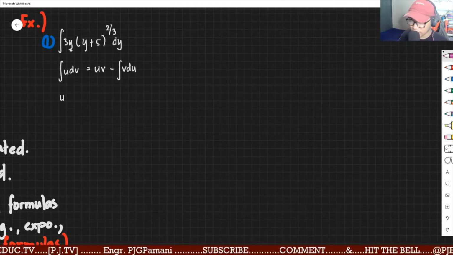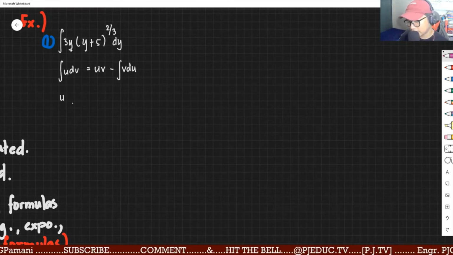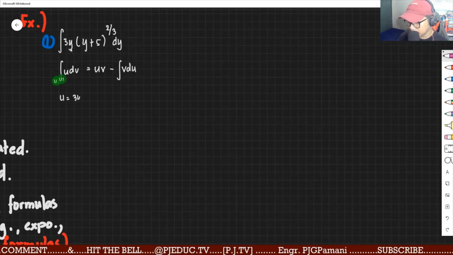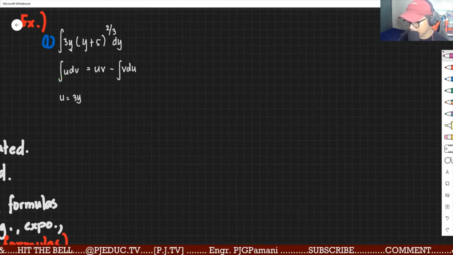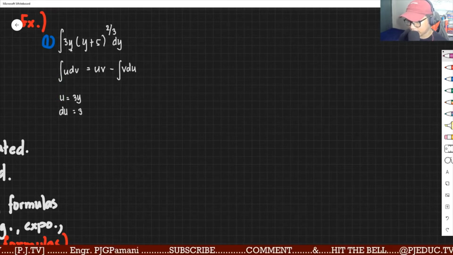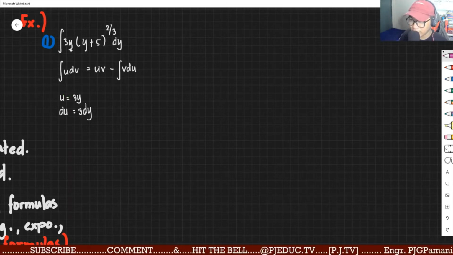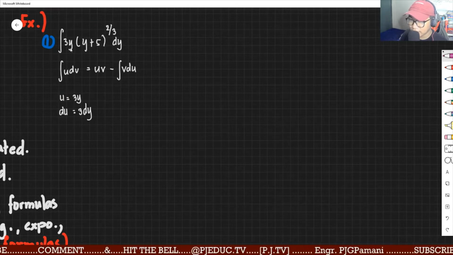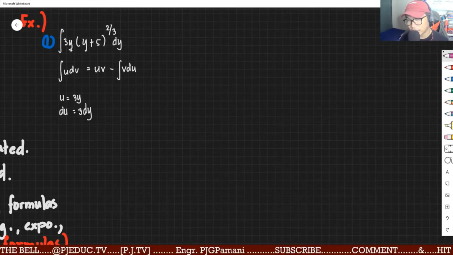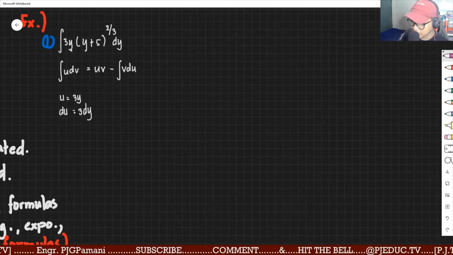Then the second one is the dv. For this part, let us consider the term 3y for u. If we differentiate this particular function, it is equal to 3 dy. Then differentiate it again, it becomes 0.